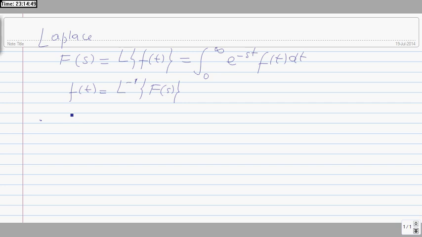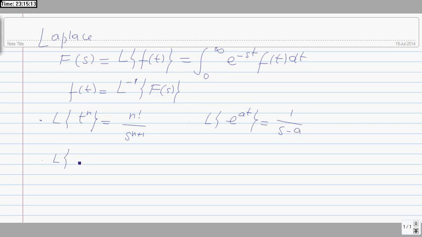So the Laplace of basic functions will be the following. t power n will obtain factorial n over s power n plus 1. Laplace of exponential at will be 1 over s minus a.